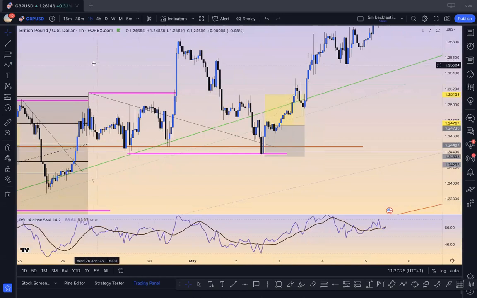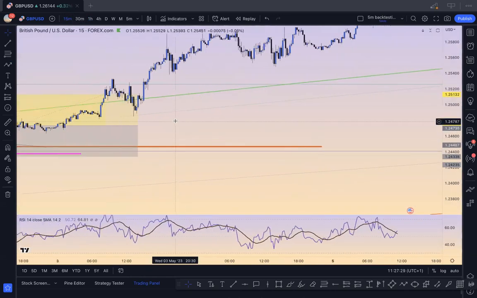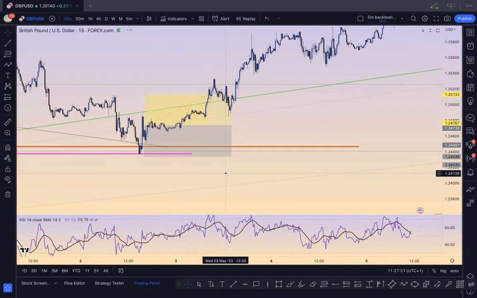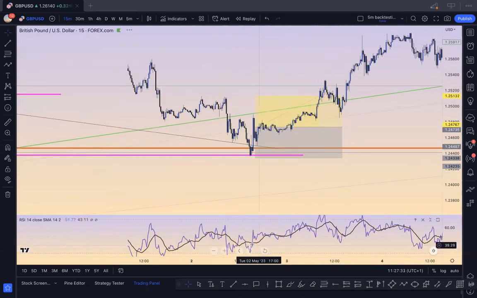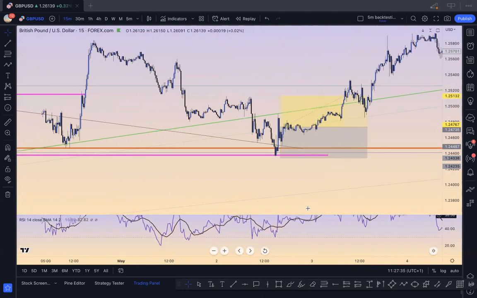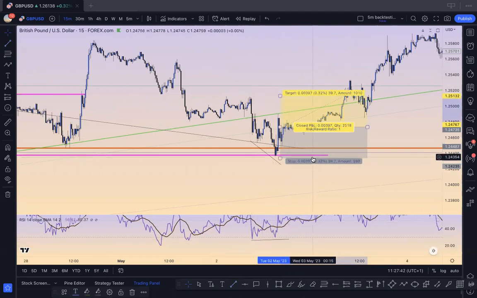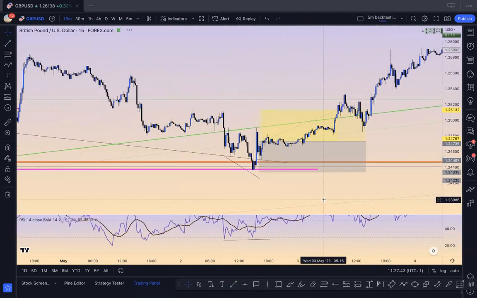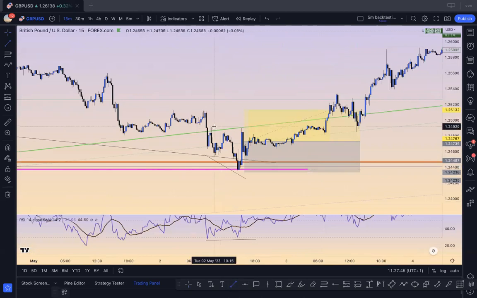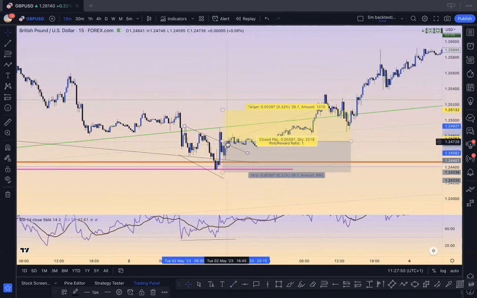And also on the 15 minutes I had divergence here. So this is divergence on the 15 minutes. Then up, then I had my trend line break and retest. Beautiful. And I entered exactly there.